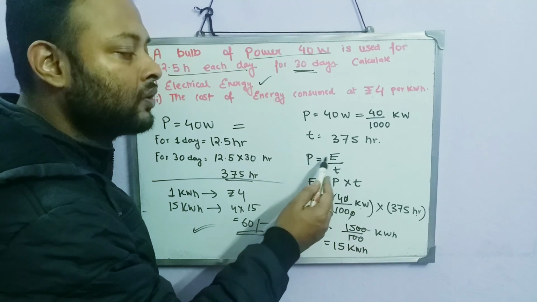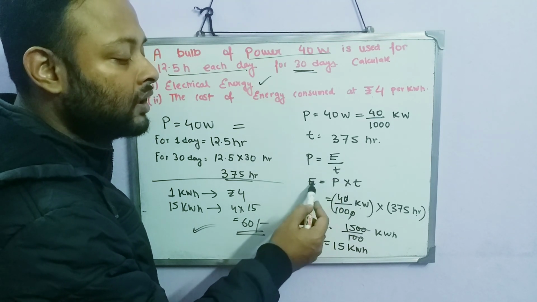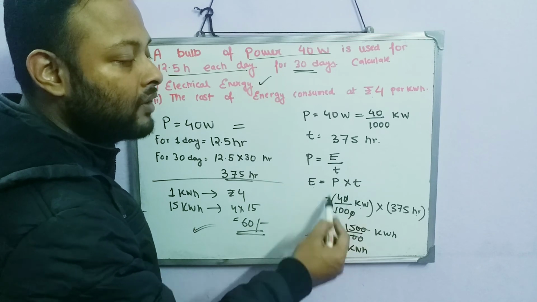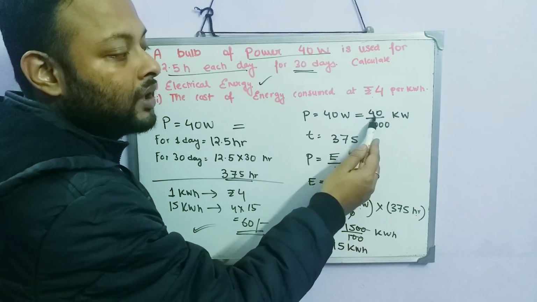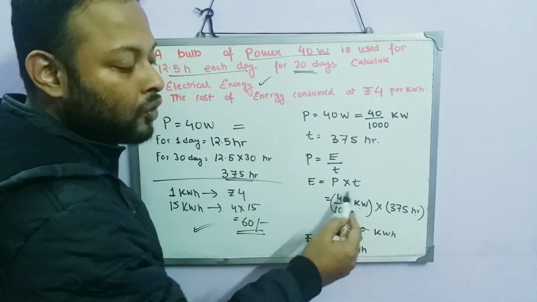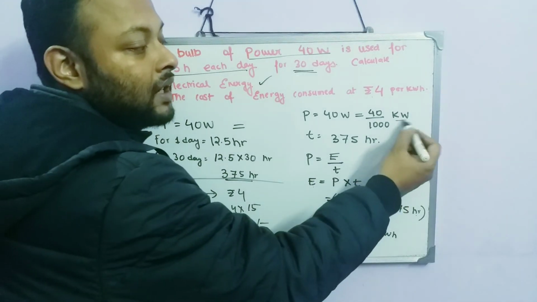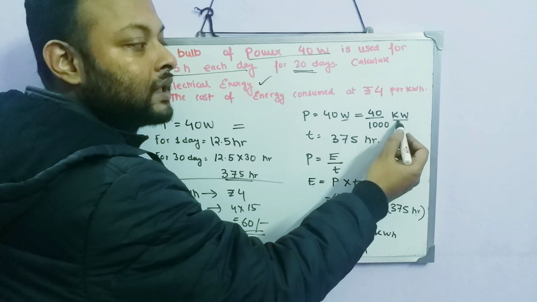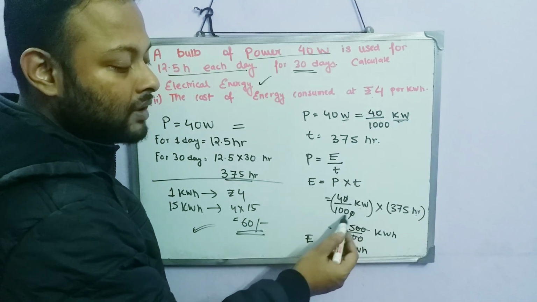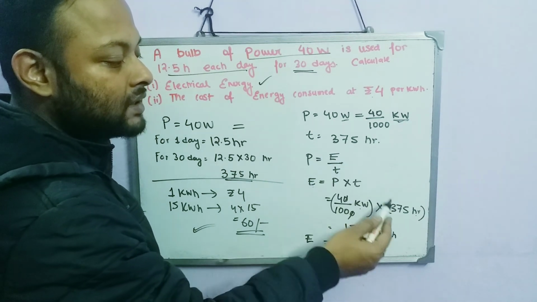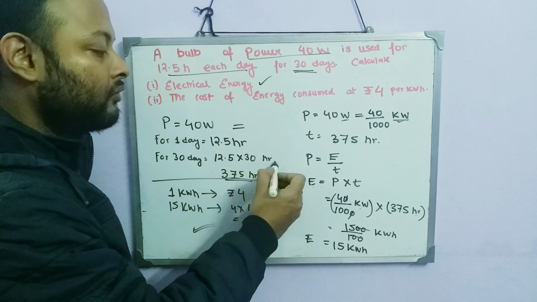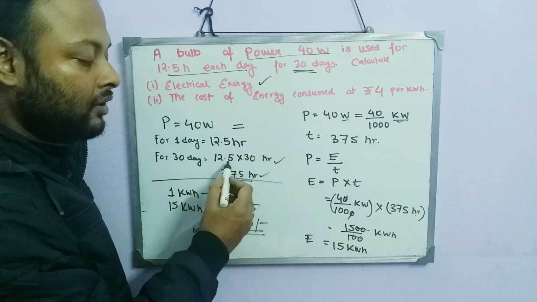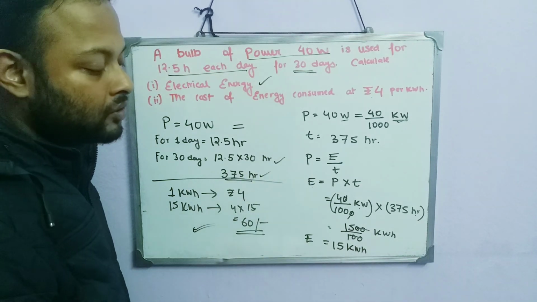So power is also equal to energy by time, so energy becomes power into time. Power is given as 40 by 1000 kilowatt, because in commercial units we don't use watt, we use kilowatt. And the total time is 375 hours, which we got from here. Okay, so we got our answer.